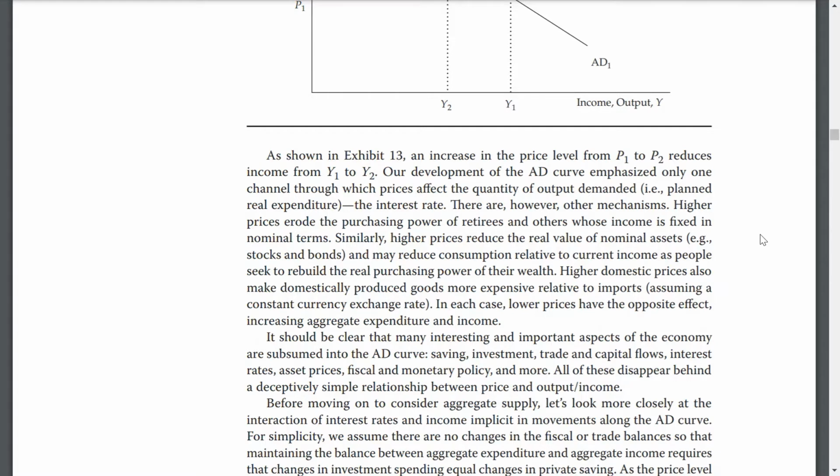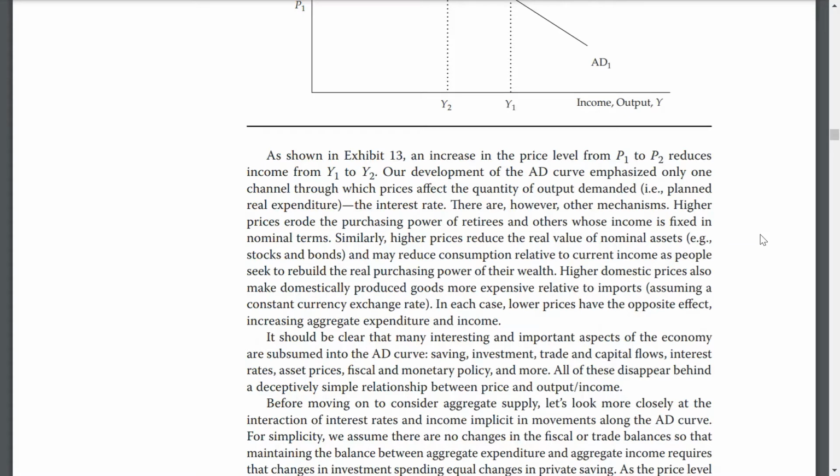Similarly, higher prices reduce the real value of nominal assets, e.g. stocks and bonds, and may reduce consumption relative to current income as people seek to rebuild the real purchasing power of their wealth. Higher domestic prices also make domestically produced goods more expensive relative to imports, assuming a constant currency exchange rate. In each case, lower prices have the opposite effect, increasing aggregate expenditure and income.